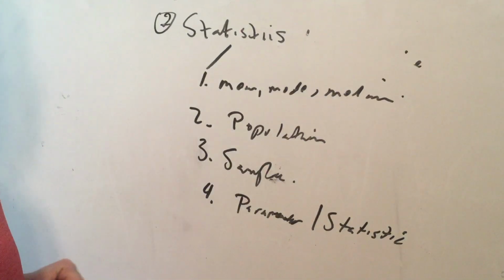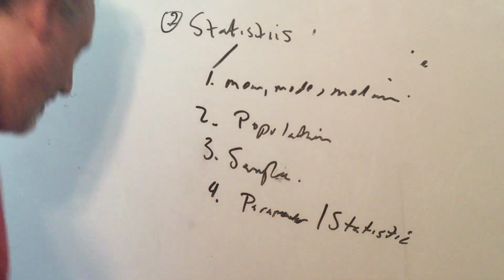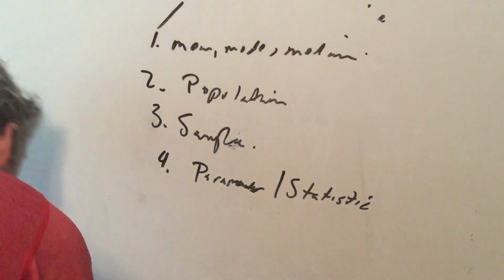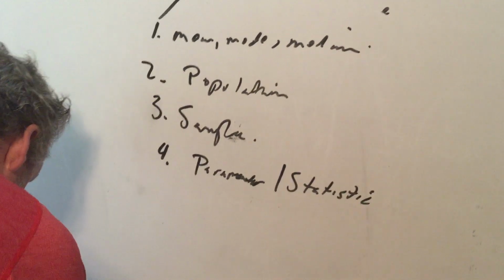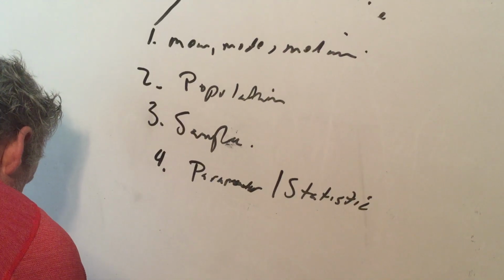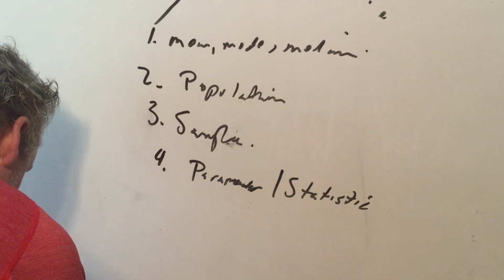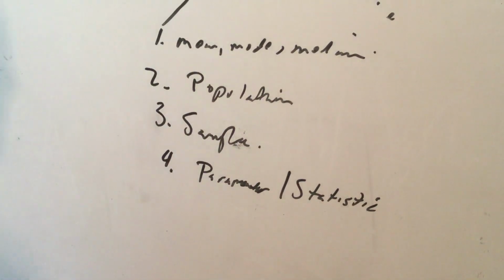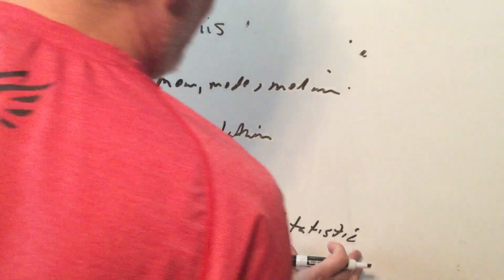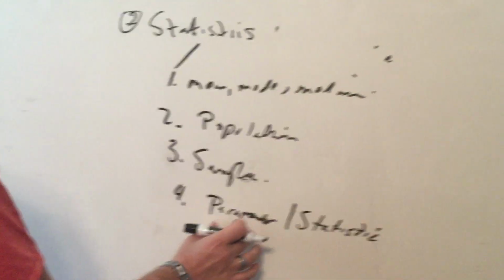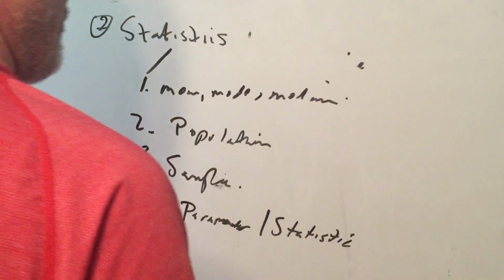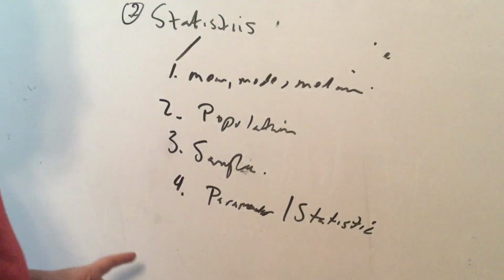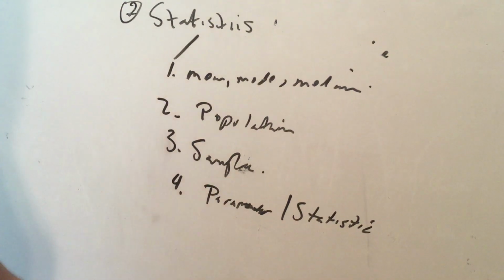Oops, nope, wrong. Let me look at my notes real fast because it's been a long time, so you got to go back and look. Is it a parameter or a statistic? Hold on one second.